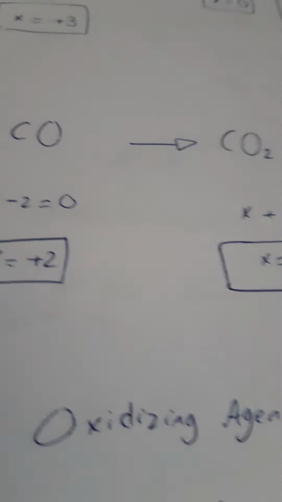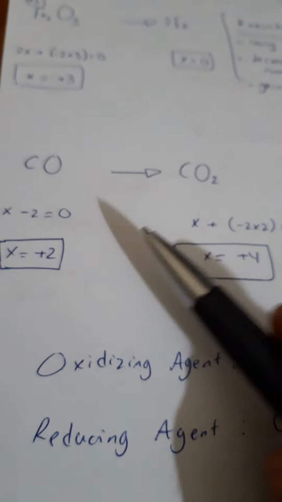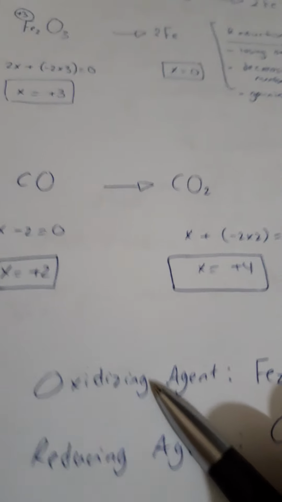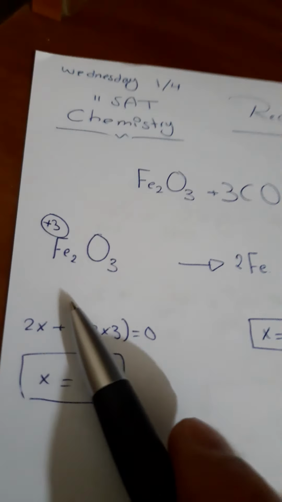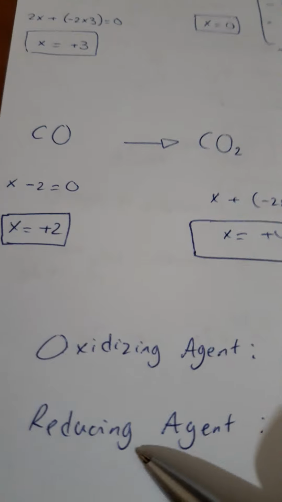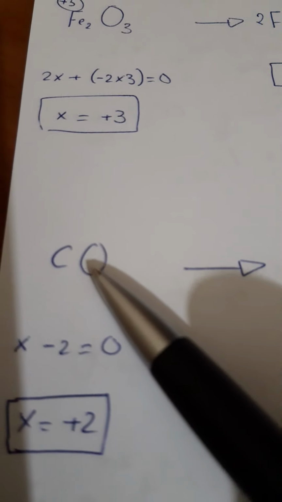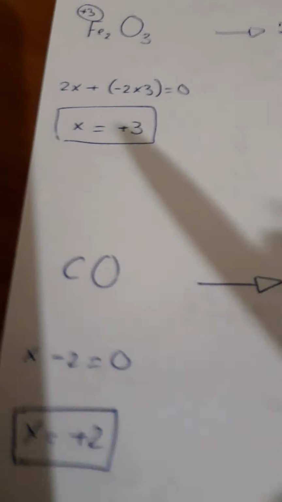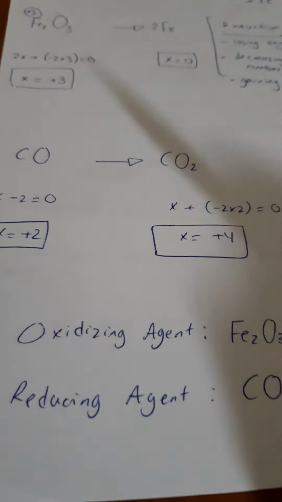So if someone asks about the oxidizing agent and reducing agent: the oxidizing agent, as we defined it before, is the substance that is reduced, so the substance that is reduced is Fe2O3, so the oxidizing agent is Fe2O3. The reducing agent is the substance that is oxidized, and as we saw in the example, we have carbon monoxide. This is the reducing agent.